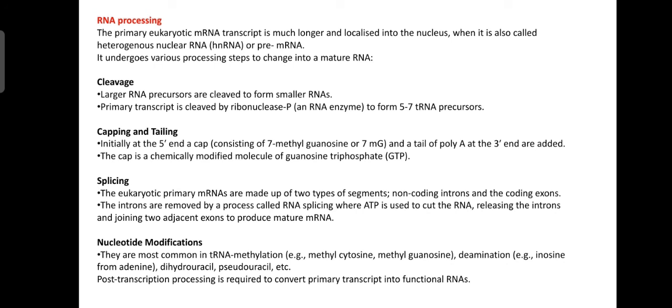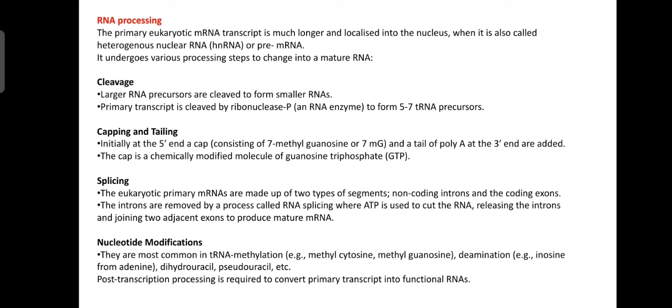Then the introns will be removed by RNA splicing, where ATP is used to cut the RNA. By utilizing this ATP, the introns, the non-coding regions, will be removed from the RNA, releasing the introns and ligating the exons, the coding regions, to produce a mature mRNA. This process is called RNA splicing.